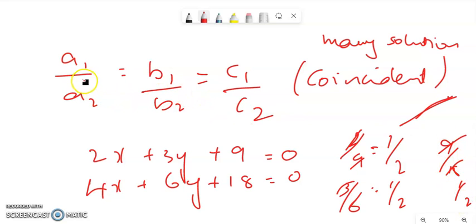So all three ratios are the same. Hence the lines are coincident and we have many solutions. This is the condition, very important. With this knowledge, please revise, and I will start with how to solve it graphically in my next video.